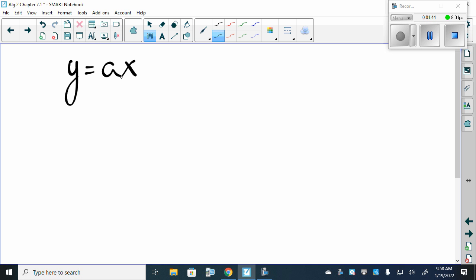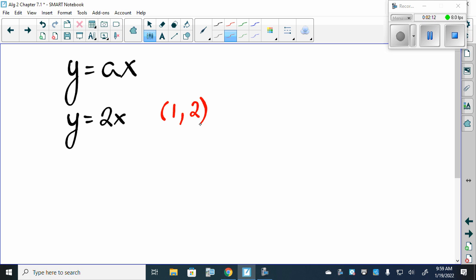If we looked at an example of this here, a is just going to be a constant number, and it will remain the same for any direct variation. So we could say 2. So y equals 2x is a direct variation. Because whenever x is 1, and we plug it in, 1 times 2 is 2.